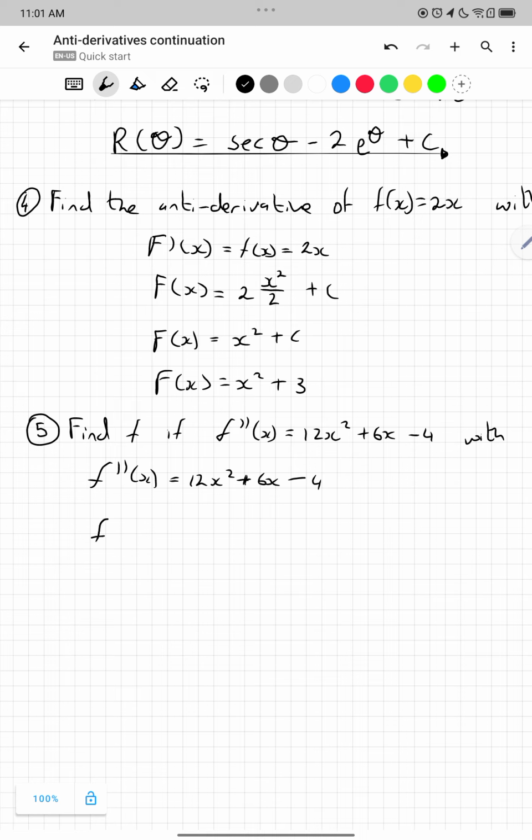So f prime of x will be equals to 12x cubed all over 3 plus 6x squared all over 2 minus 4x plus c. So this is the first job we had to do. f prime of x is equals to 4x cubed plus 3x squared minus 4x plus c.